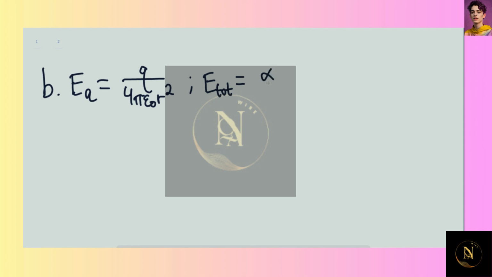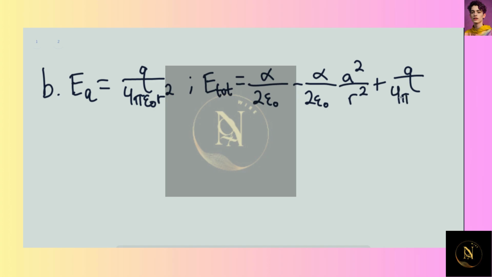would be equaling alpha over 2 epsilon naught minus alpha over 2 epsilon naught times a squared over r squared, and then plus the electric field of the point charge, q over 4 pi epsilon naught r squared.